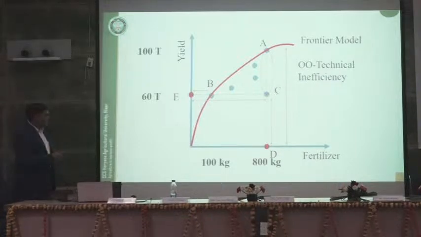And in case of input, if we fix our output and try to reduce the input, you can see that at 100 kg of dose you will get 60 tons, and at 800 kg of dose farmer C is also getting 60 tons. So there is a gap.